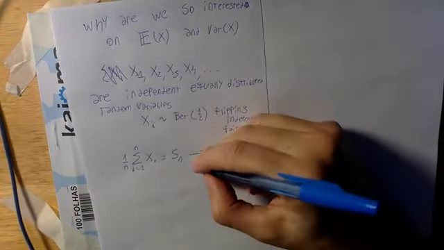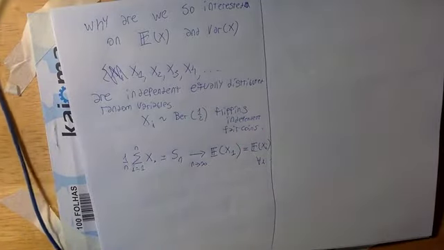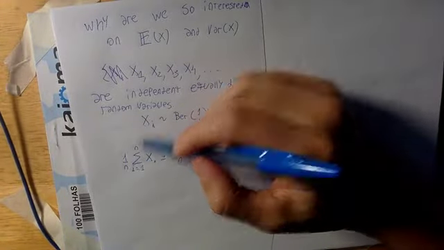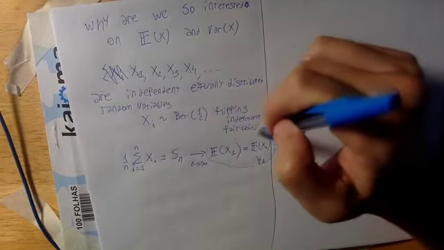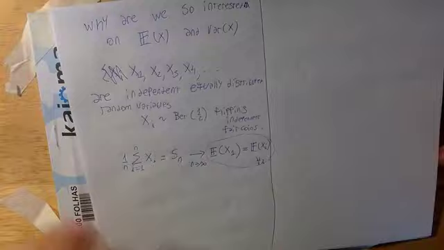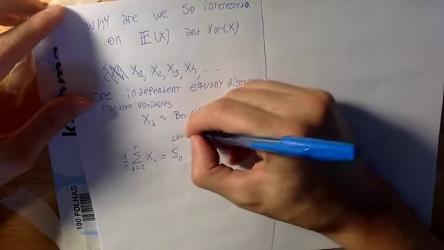This is when n goes to infinity. We can see that the mean behavior of these variables is going to be equal to the expectation. This is the law of large numbers.